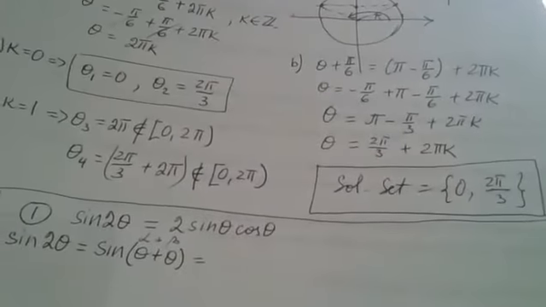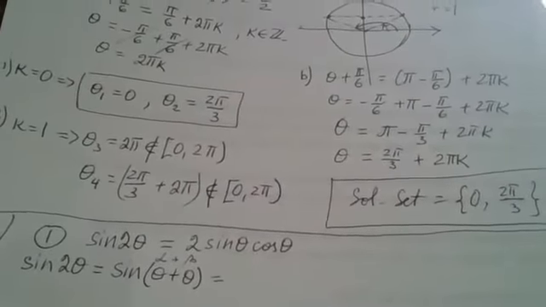Right? So look on the top, even in small size, I wrote alpha plus beta. And I'm going to apply that formula. According to the formula, sine of parenthesis alpha plus beta, it will be sine of alpha, which is sine theta, times cosine of beta, which is cosine theta.